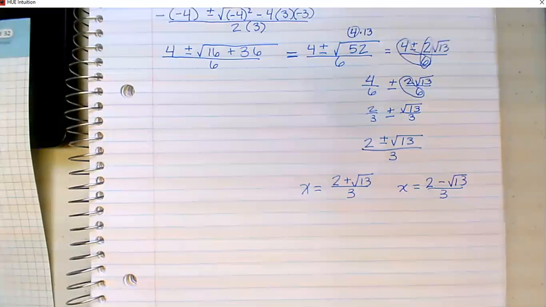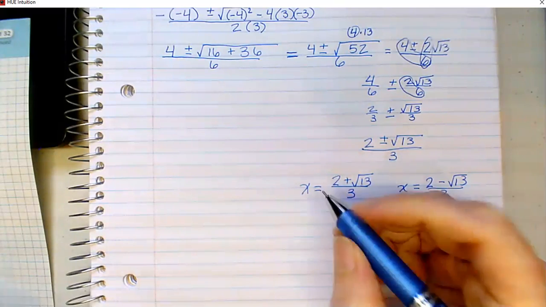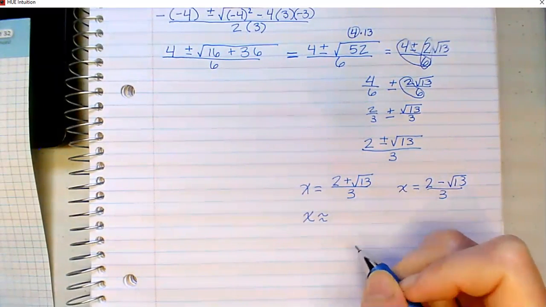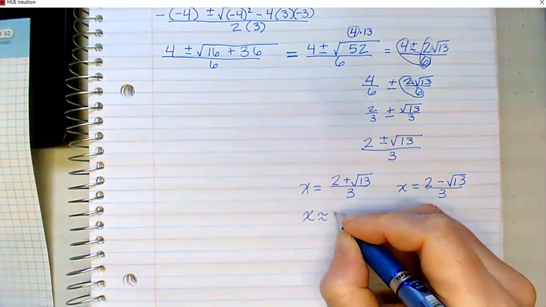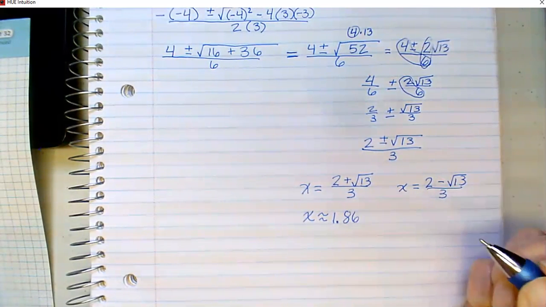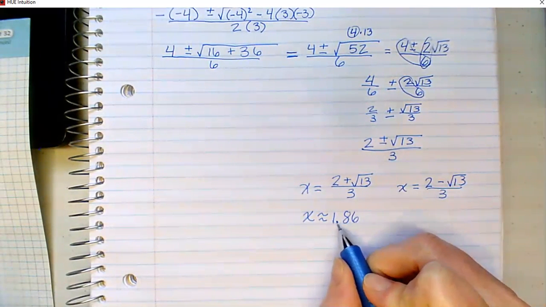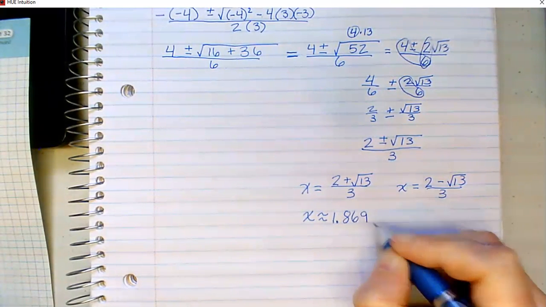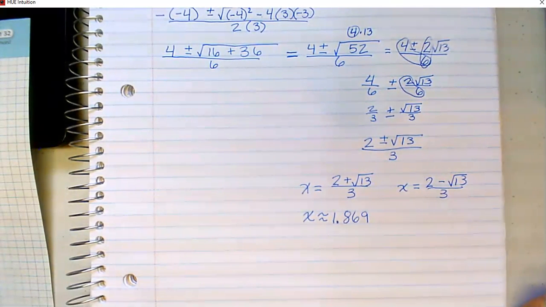I'm going to do the square root of 13, add 2, and then divide by 3. That gives me x is approximately, because it's not an exact answer. It's an irrational number that goes on infinitely, never repeating, never terminating. I get approximately 1.868, and since there's a 5 after the 8, I'll round that to a 9. I'll do 3 decimal places.